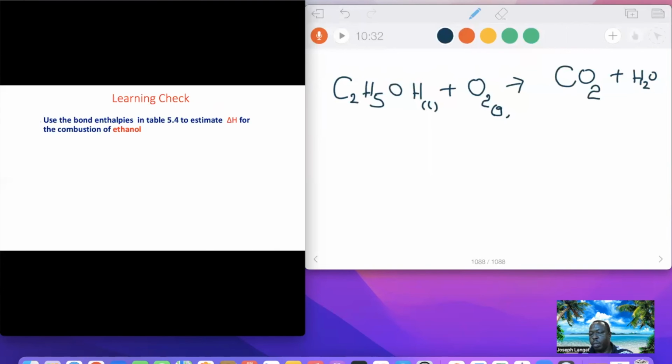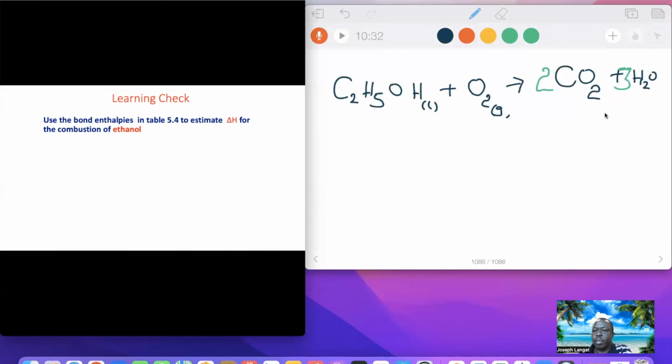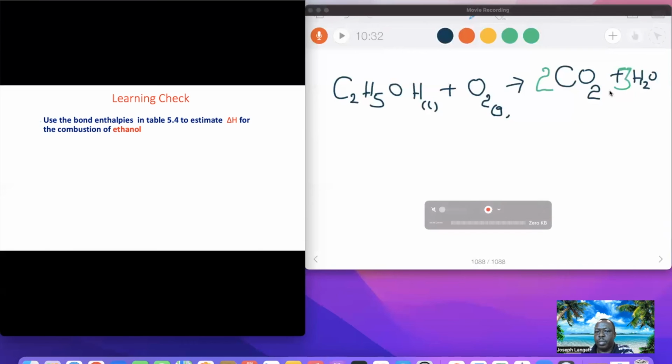Now, the equation is not balanced. We have two carbons here, so let's just use trial and error: if we put a 2 here, we have two carbons. How many hydrogens do we have on this side? We have 6. So if I put 3 here, 3 times 2 is 6, and 5 plus 1 is 6.